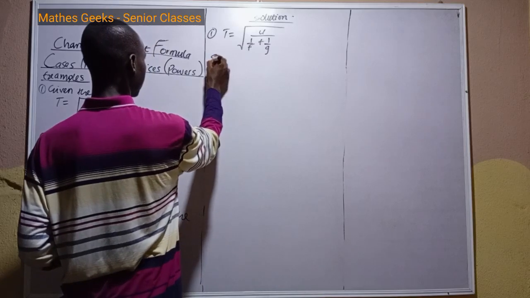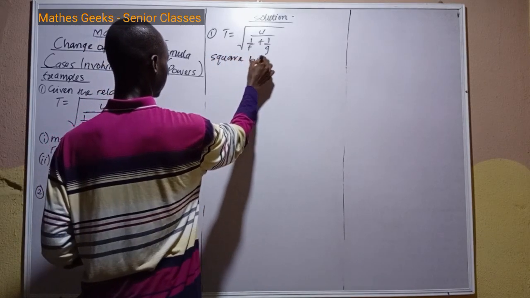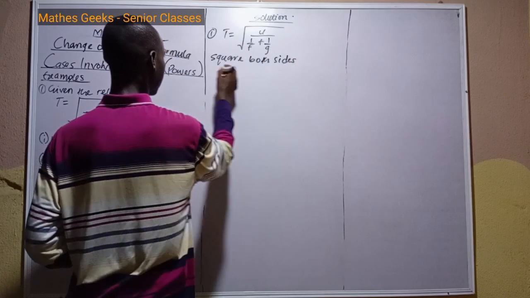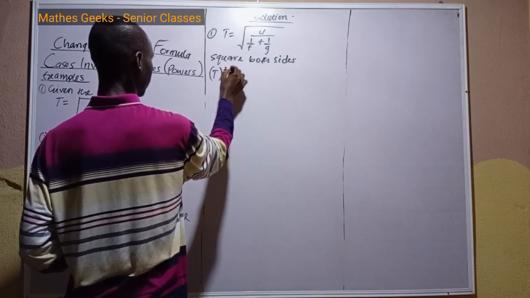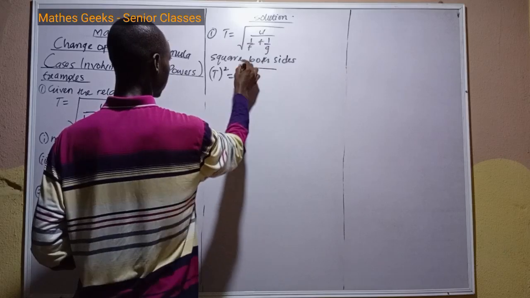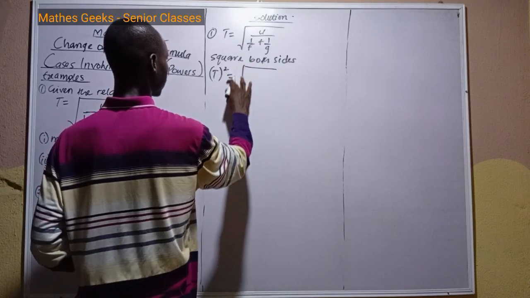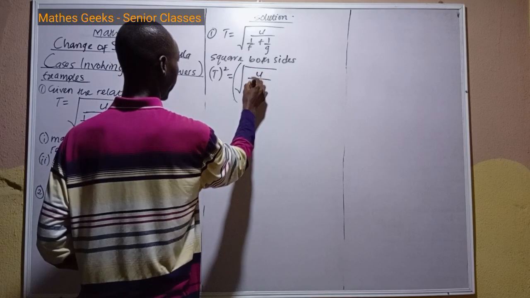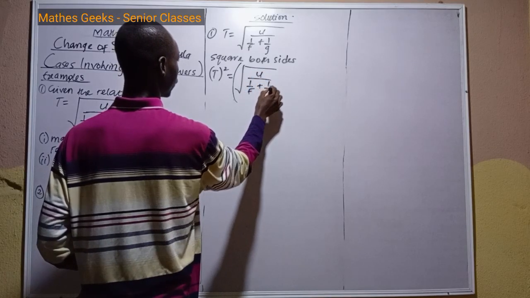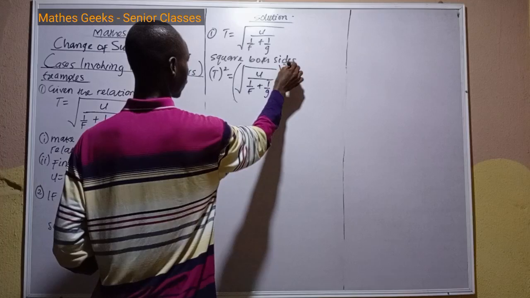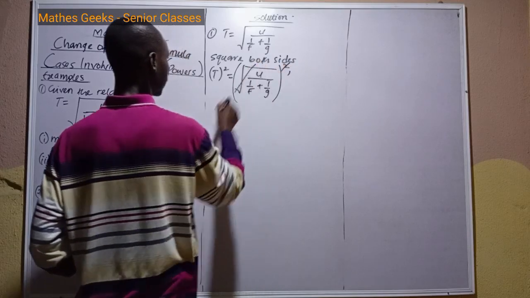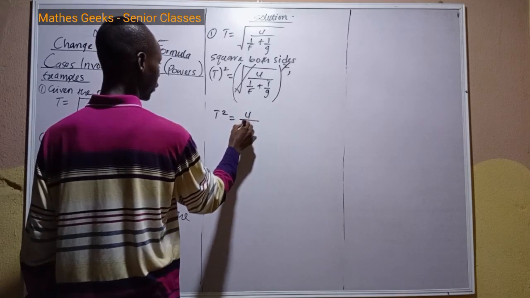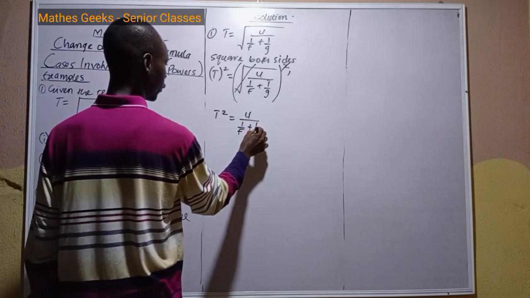So we square both sides and have T raised to the power 2 equal to U over 1 over F plus 1 over G, all squared. So the square cancels the square root, and T squared is equal to U over 1 over F plus 1 over G.